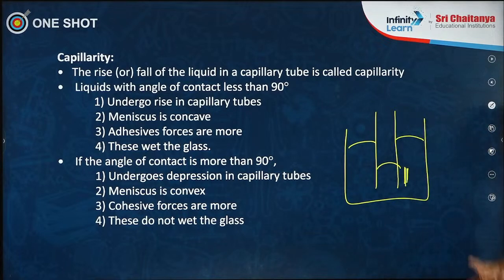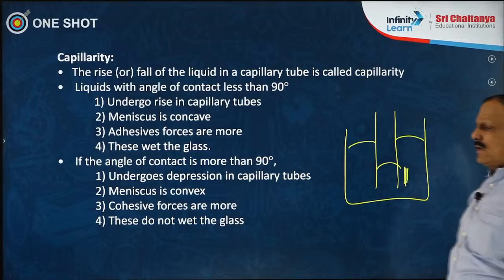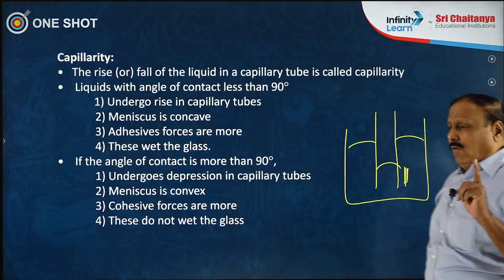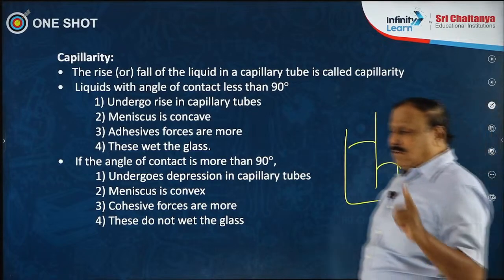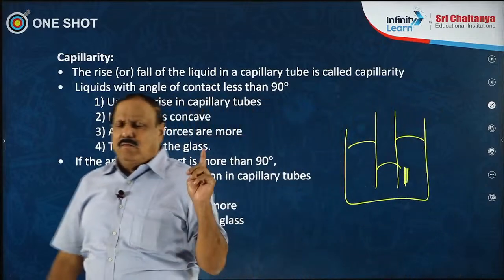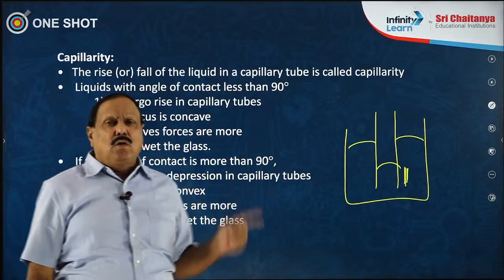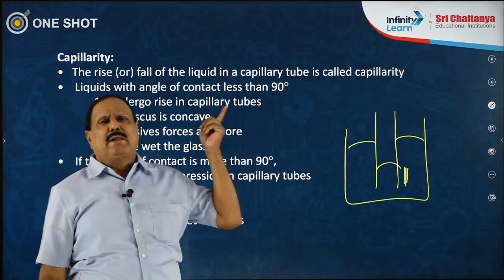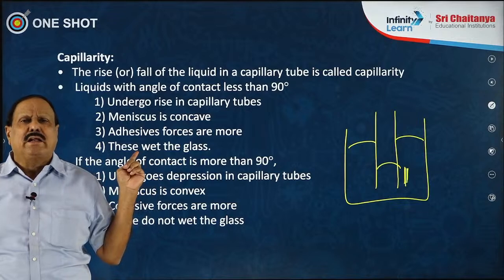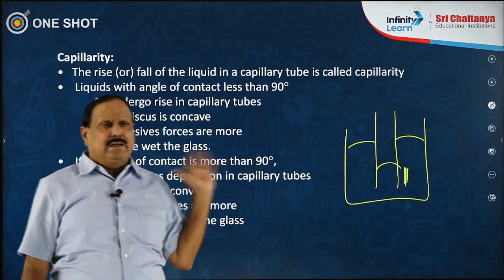So, here also you remember 3 points. What are those 3 points? For liquids whose angle of contact is less than 90 degrees, those liquids will rise into the capillary tube. Example, water in glass.